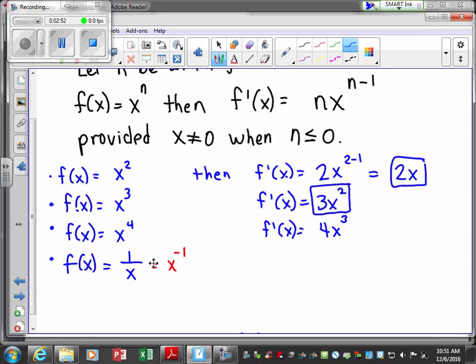So now whenever I calculate the derivative, that's just going to be negative 1. So I'll pull this negative 1 out front. So negative 1 x to the negative 1 minus 1, which would be what? Negative 2 power. Or if I simplified that back to the original format in fraction form, that's just going to be negative 1 over x squared. Okay, these two are equivalent.